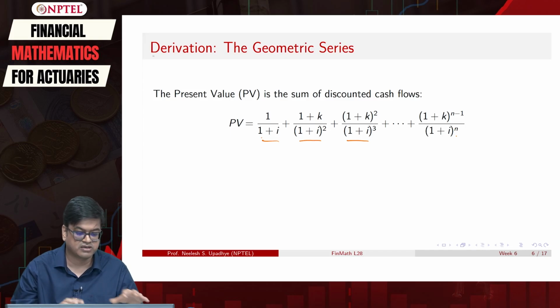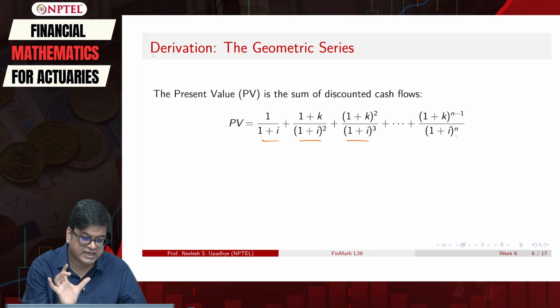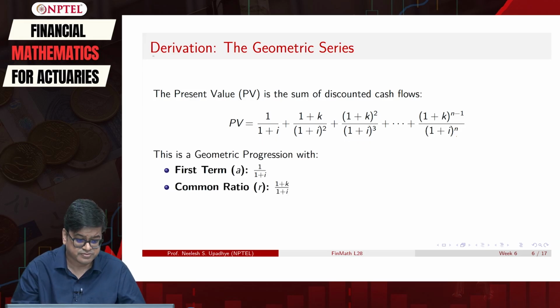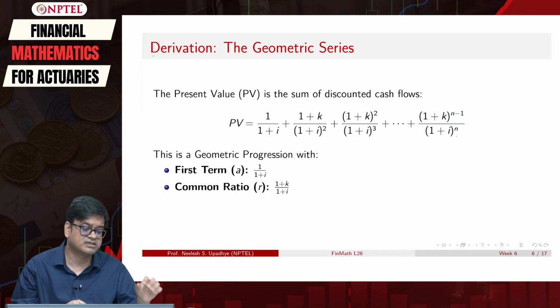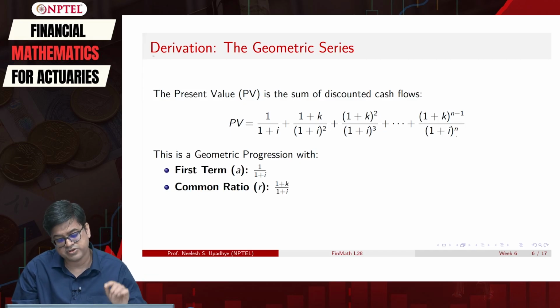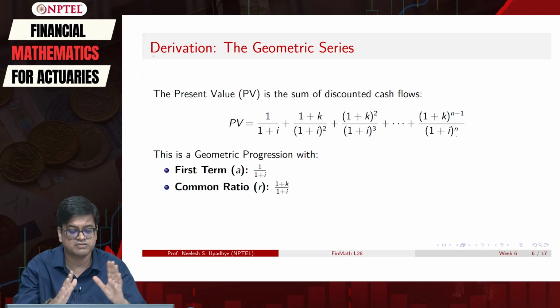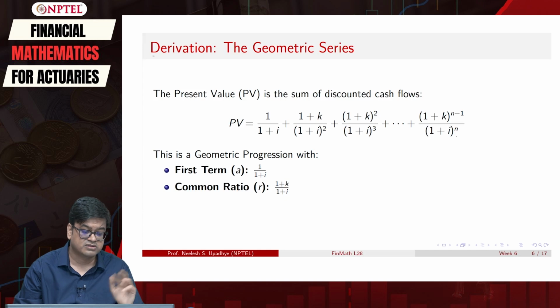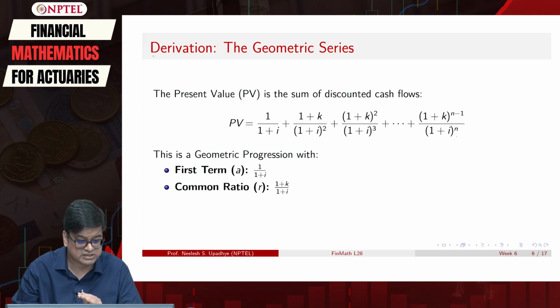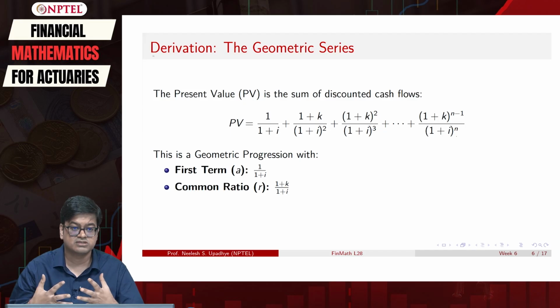So, the term 1 plus k upon 1 plus I should be the common ratio, and the first term in this geometric progression is 1 upon 1 plus I, which is our V. The common ratio R is 1 plus k upon 1 plus I. Do we know how to sum this geometric series?